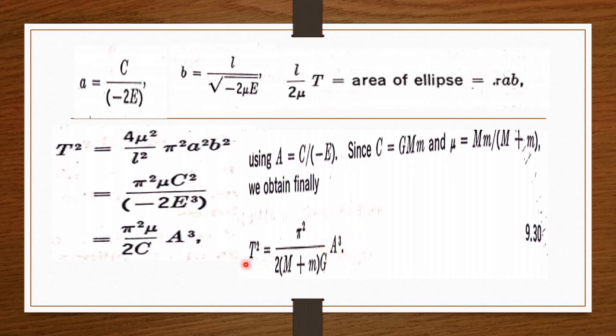So in the third law we say that T square is proportional to A cube, right? But the term in between is not exactly a constant. It is slightly dependent on the mass of the planet also, but it has a very small effect.